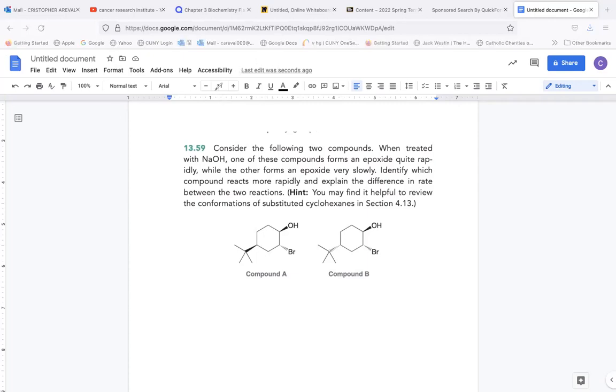All right. So it's saying right here, explain the difference in rate between the two reactions. It's asking to just draw chair conformations, basically. Once again, this problem. See, they kind of flipped in a way, so you do a ring flip as well.